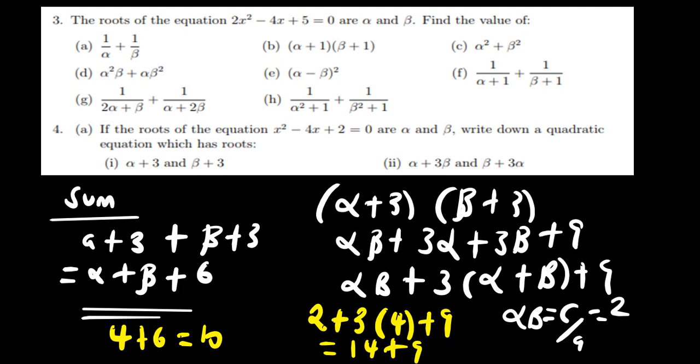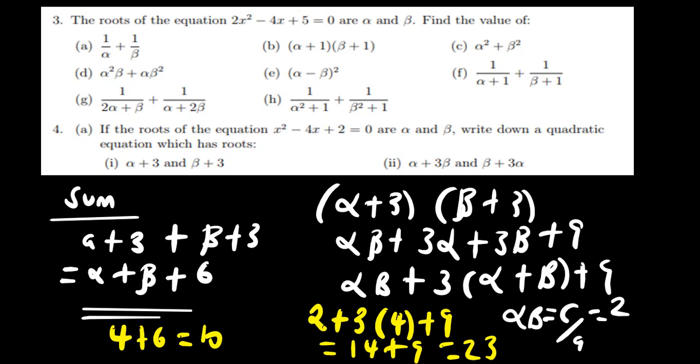Is it 20-something, 23 or something like that? Okay, let's say 14 plus 6 is 20, yeah, 23. So these are the answers. We find the sum to be 10 and the product to be 23.